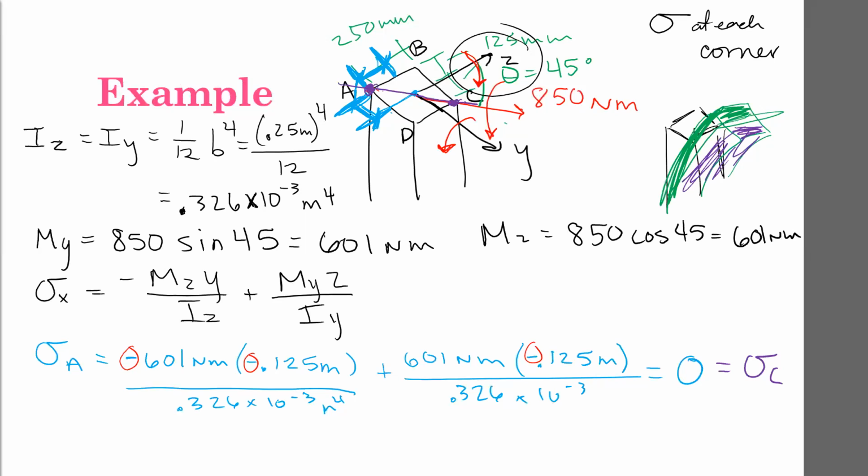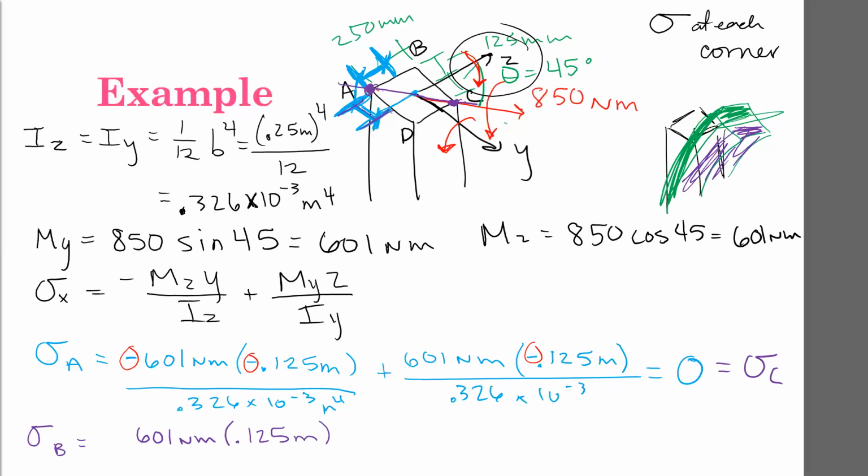All right, then let's continue with the stress at B. So let's try doing this one a little bit more intuitively. We know the moment about Z is 601. We're going to leave off any negative signs for now. We know the distance in the Y direction, the magnitude of that is 0.125.